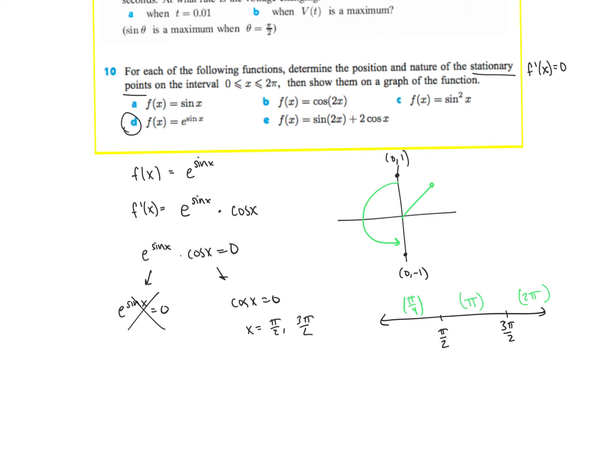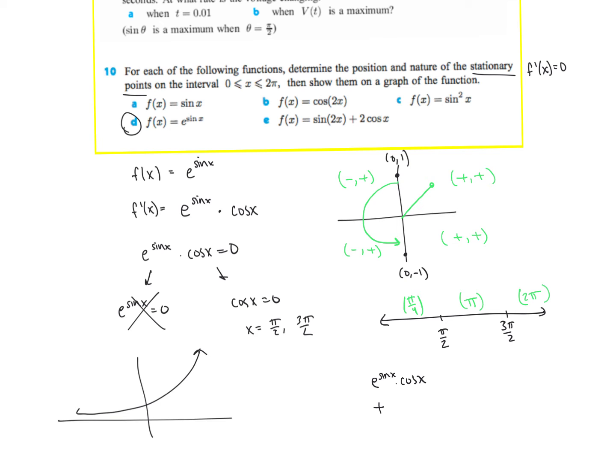Now, we're plugging this into the derivative, which is e to the sine of x times cosine of x. E to the sine of x is always going to be positive. And then let's remember cosine. So we have plus plus, minus plus, minus plus, plus plus.